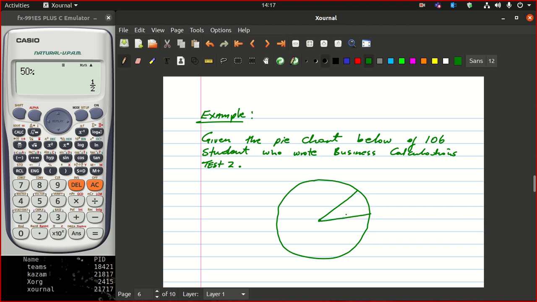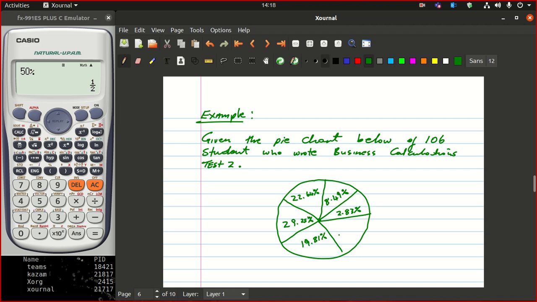And then this portion here is 2.83%. And then this portion here is 8.49%. And then this portion on this side is 22.64%. And then this one here is 29.25%. And then this portion here is also divided into 2. This one is 19.81%.